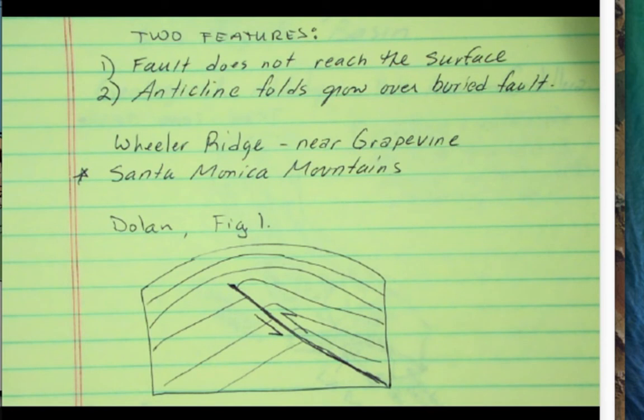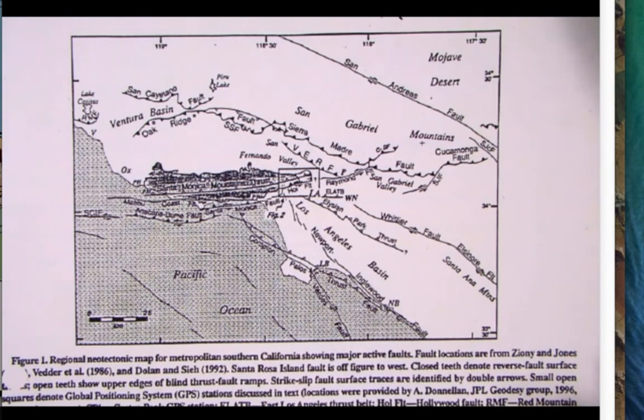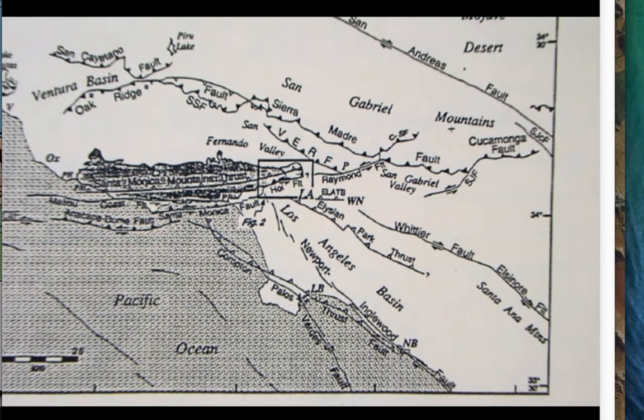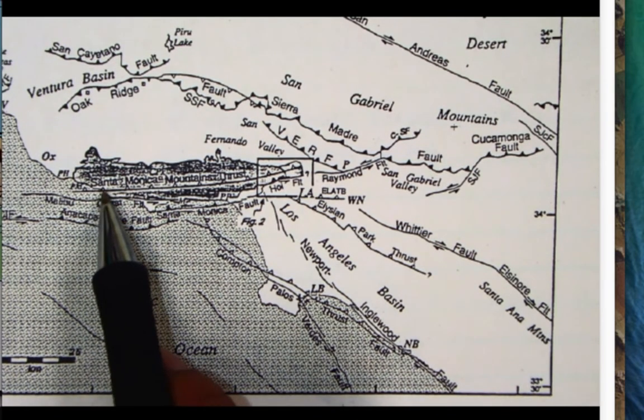Now, the other one that's really important is the Santa Monica Mountains. And the Santa Monica Mountains also have a blind thrust here. So here's a map I want to show. And if we zoom in a little bit on this guy here, I want you to see that there is this fault with open teeth there.